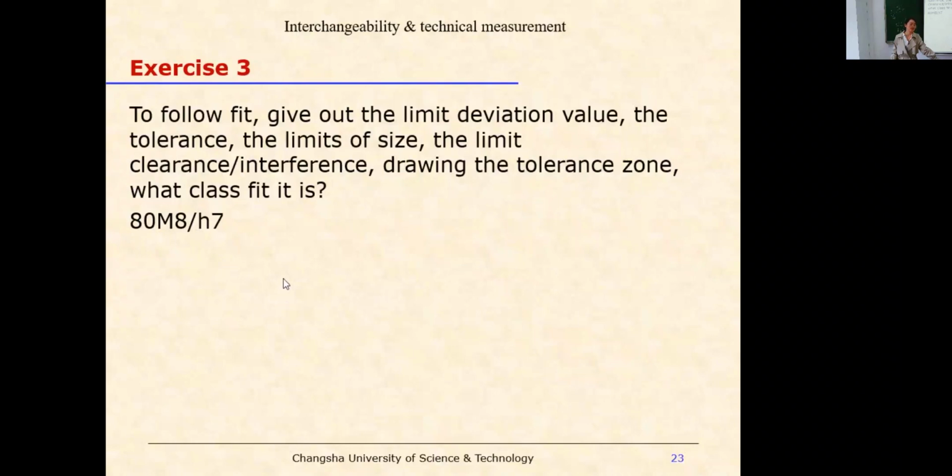When you draw the figure, you just annotate M8 and h7. You should know what it is. Just try to find the tolerance zone figure, this one.